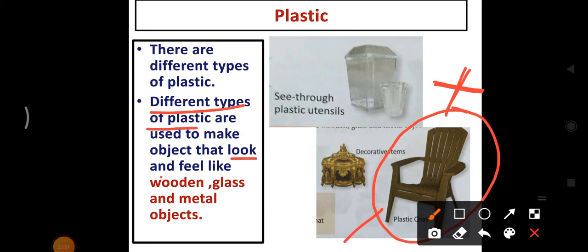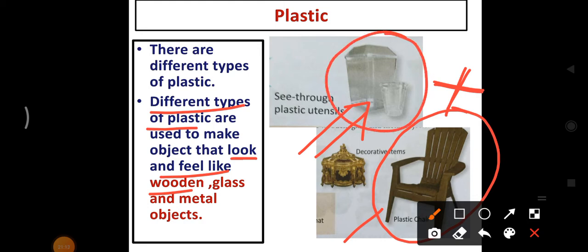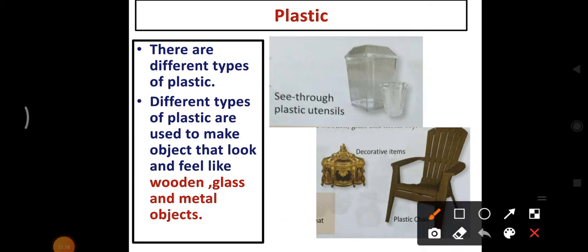And see here, this is plastic, but it looks like a glass material. And see here, it looks like metal, but it is made up of plastic. So different types of plastic are used to make objects look and feel like wood, glass and metals.